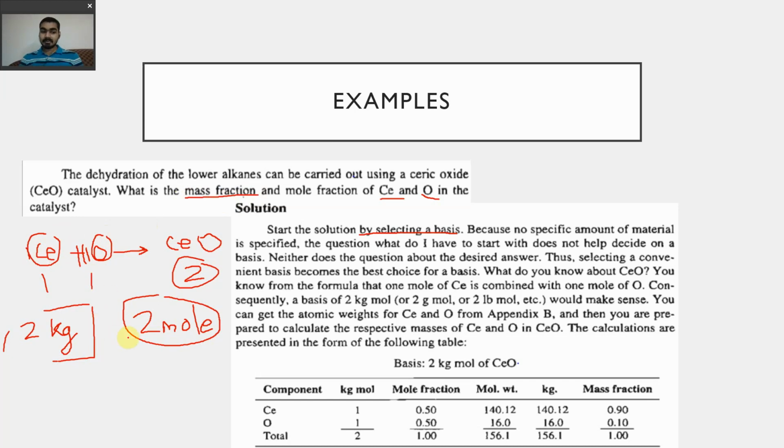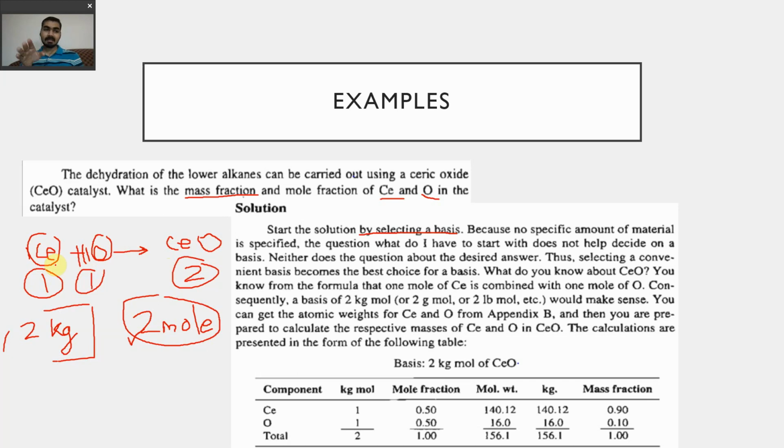So we can choose a basis as 2 mole, because that is the unknown quantity which we are assuming in this equation by taking 1 mole. 1 mole gives 2 mole. As such, there is no direct relation that 1 kg of cerium plus 1 kg of oxygen will give you 2 kg of cerium oxide.